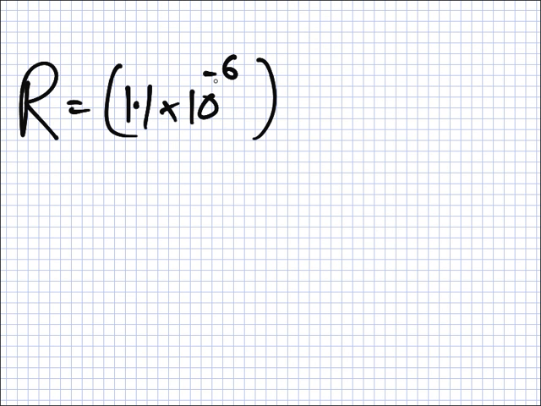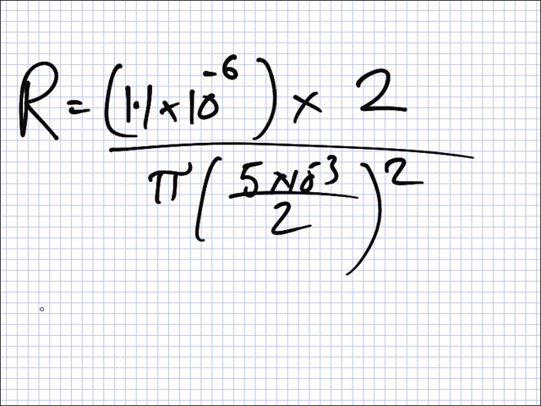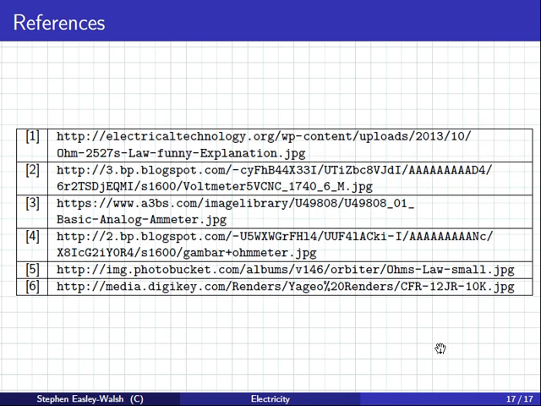So that's the resistivity times L, 2, over area, pi times 0.0025 squared. What did you get? 0.112 ohms. Fair enough? Straightforward enough? Yeah? Okay. Not too crazy here.